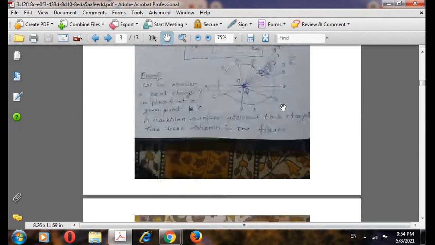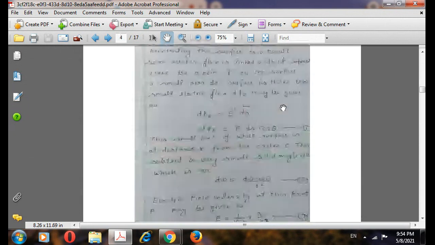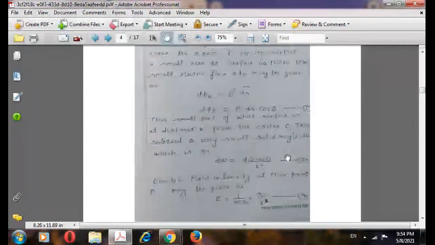Now the small flux through this small area can be given by d phi is equal to E dot ds by definition, and here d omega is equal to ds cos theta upon r square.